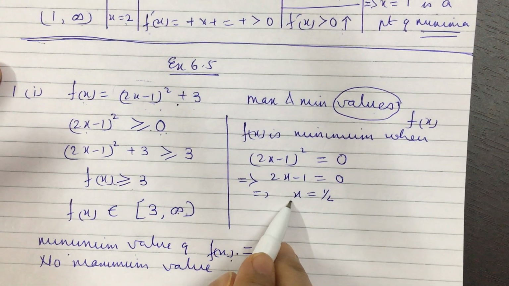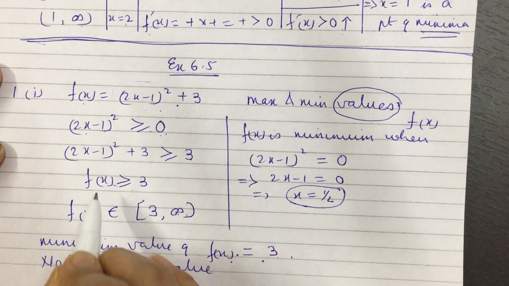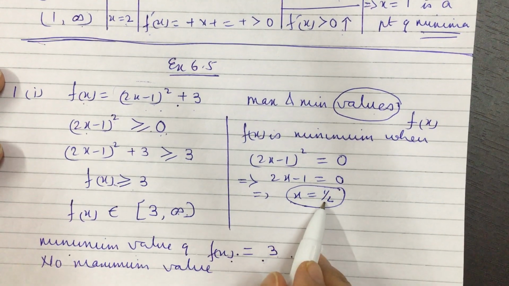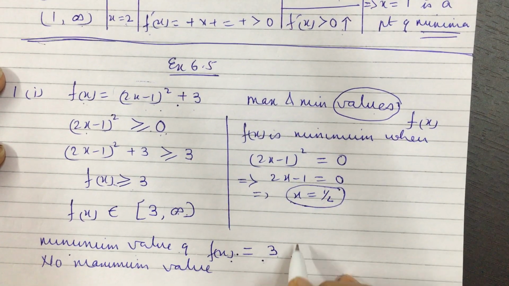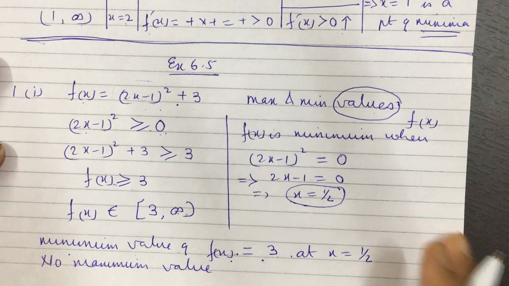So when x is half, we get the value of f(x) as 3, which is least. So the minimum value of f(x) is 3 at x equal to half.